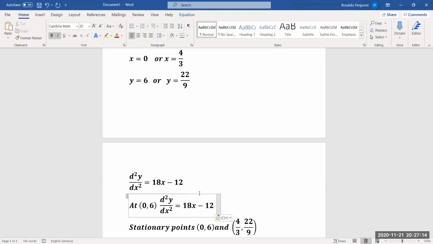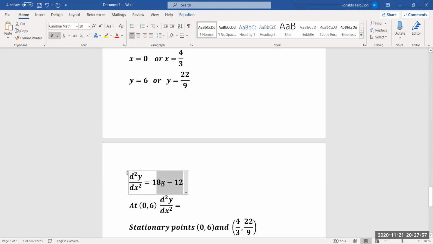At 0, 6, d2y by dx squared is equal to what? You have to plug the x into this now.